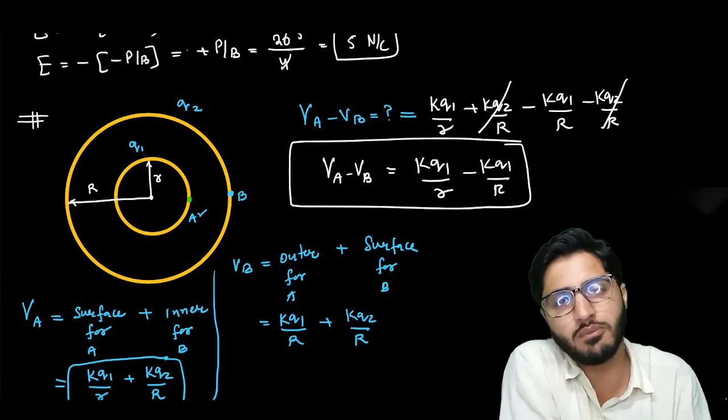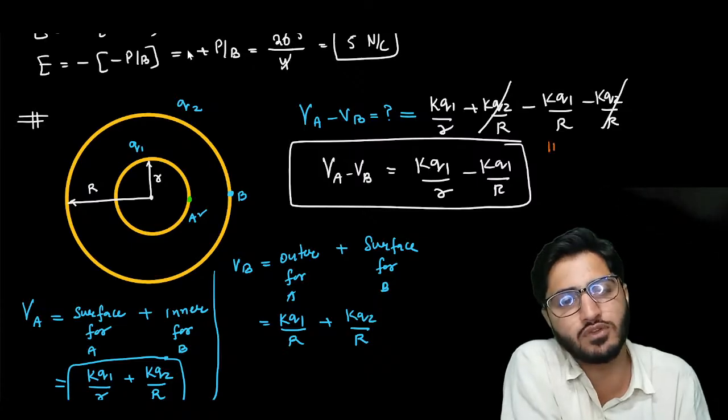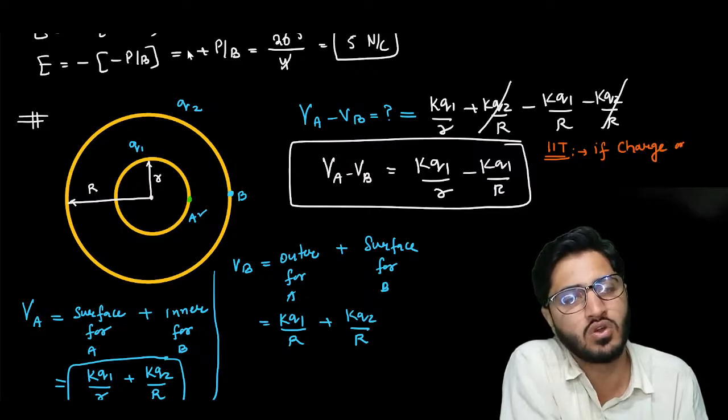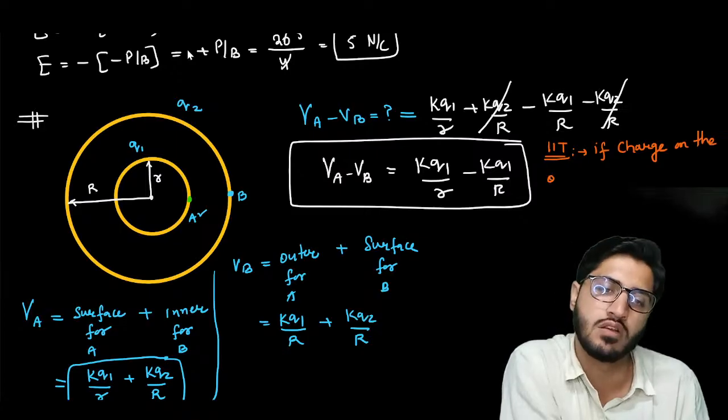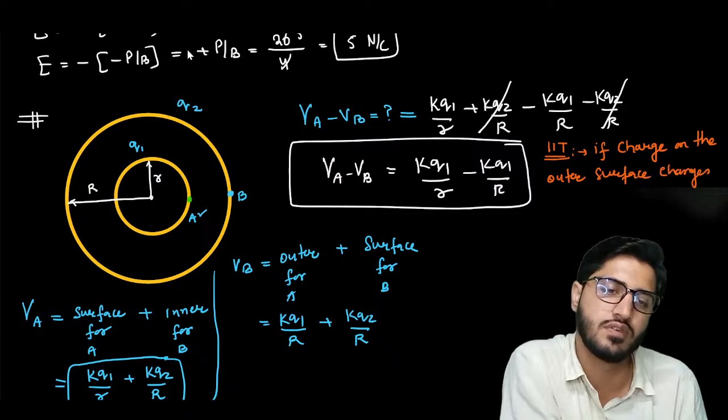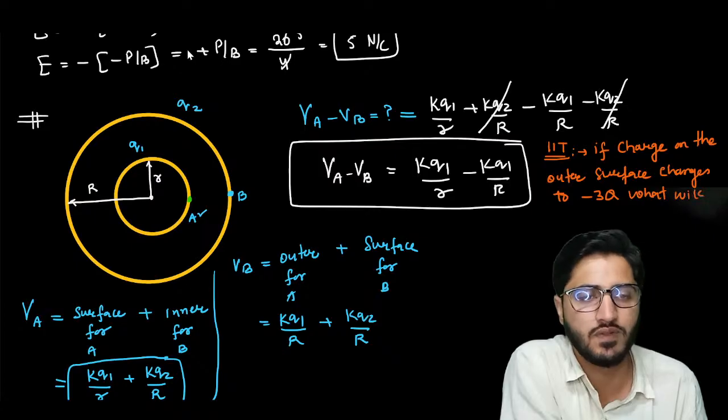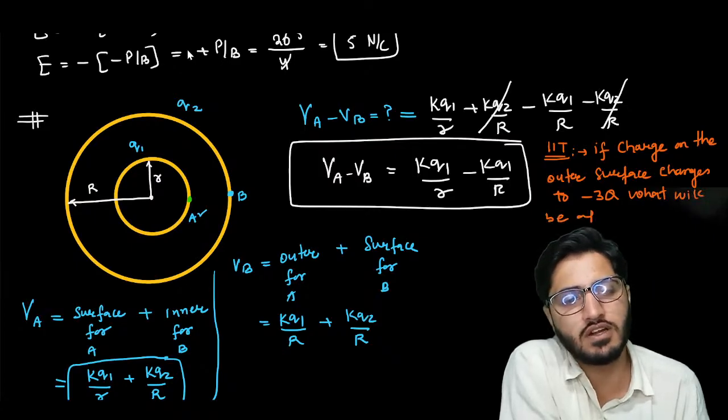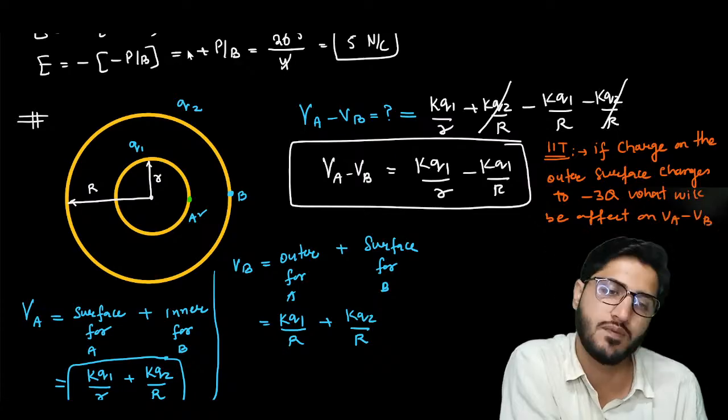Okay. So one numerical came from this particular topic and it was asked in IIT. That is, if charge on the outer surface changes to minus 3Q, what will be the effect on VA minus VB?